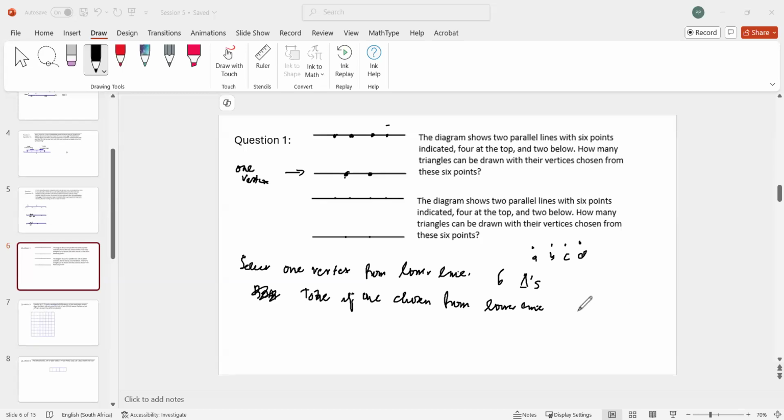For the other one, I've got another 6. It's 6 plus 6, which is 12. Now, this is where you choose only one vertex from the lower line.